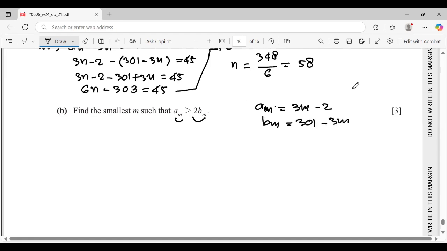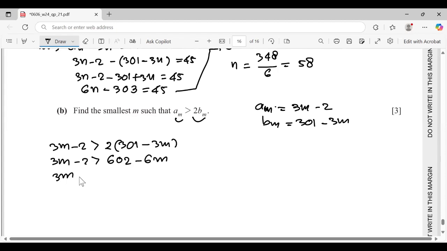So 3m minus 2 greater than 2 times (301 minus 3m). So 3m minus 2 greater than 602 minus 6m.